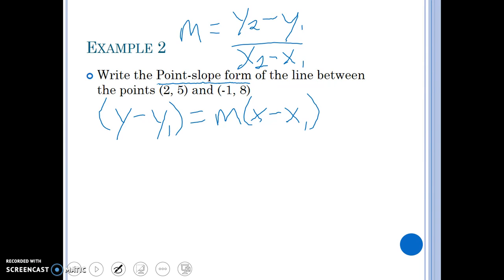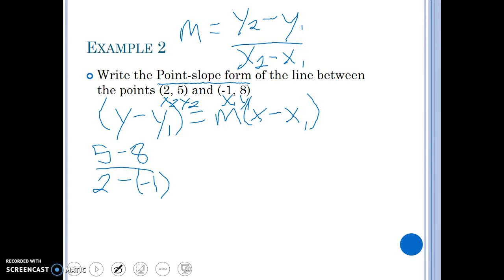Okay, so first thing I'm going to do is find my slope. So I'm going to take my slope formula here and name x2 and y2, x1 and y1. I'm going to plug those into my formula. Y over x, so 5 minus 8 over 2 and negative 1 for my x's, so x2 minus x1.